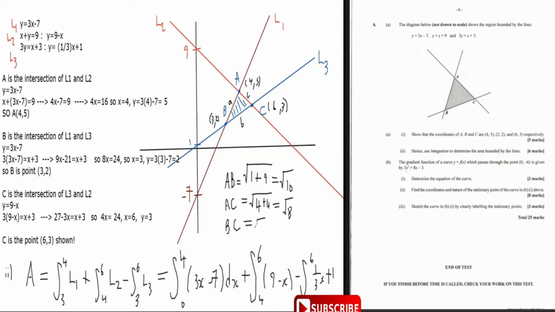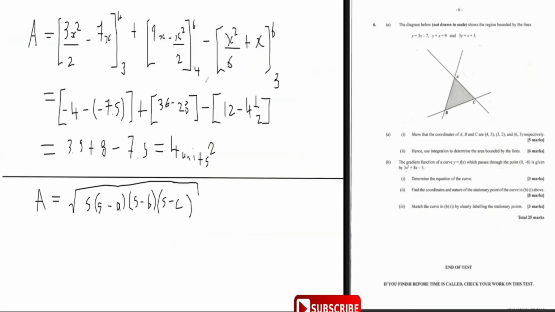And you might wonder, so sir, where are you going with this? Now look where I'm going with this. Going to CSEC Maths, all right? Now remember S is equal to A plus B plus C divided by 2. I know some of you would probably never use this formula. And so in this case, S is equal to root 10 plus root 10, which is 2 root 10, plus root 8 over 2.